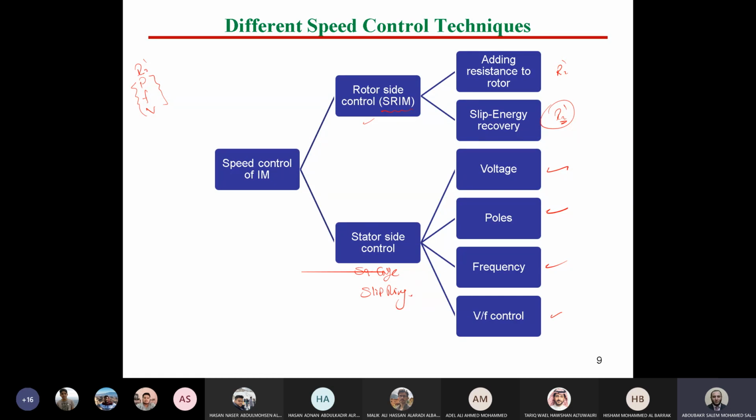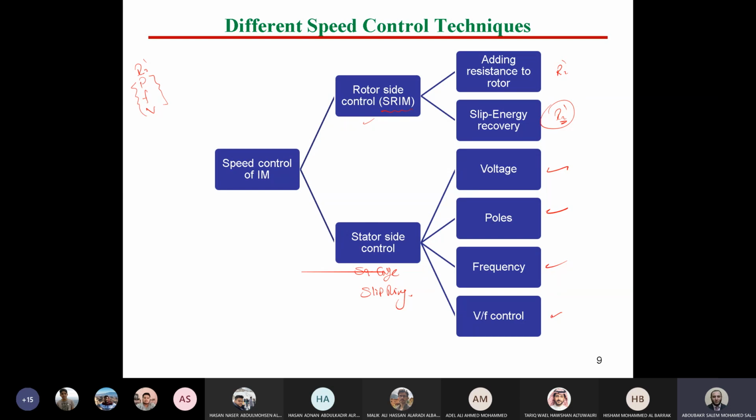Go ahead, whoever has a question. Yes, Doctor, what is the difference between voltage control and V over F? V over F control, we make it in order to keep flux constant. So if you control the voltage only, flux is not constant. If you control frequency only, flux is not constant.